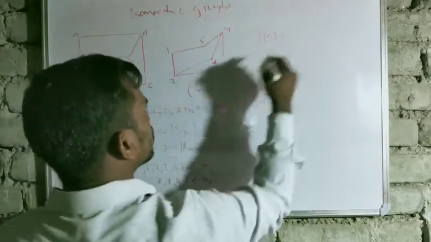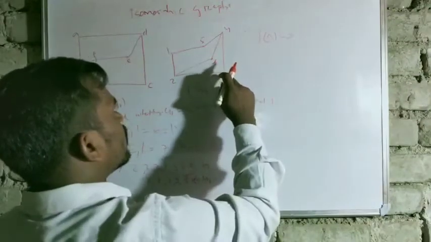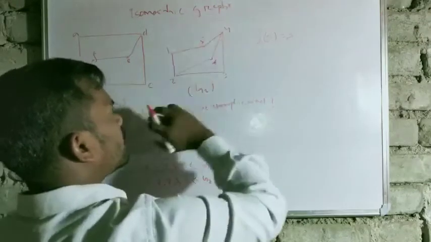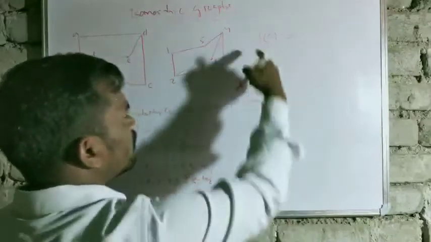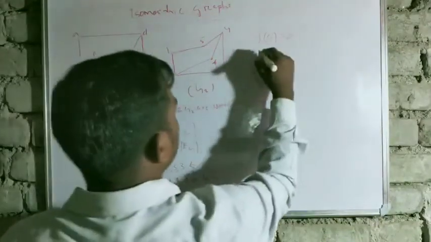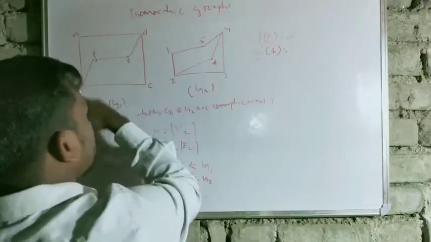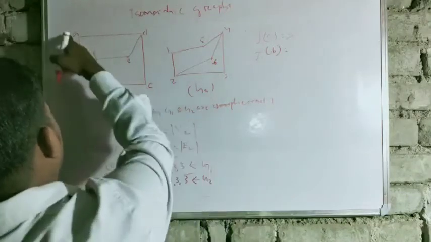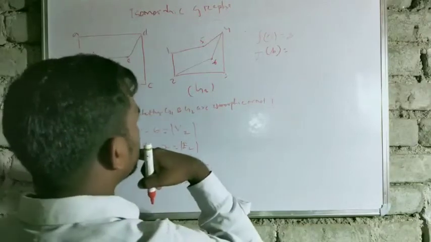Now if you consider 3, its adjacent vertex, this one and another is this one, both are of degree 3. So we can take it as 3. Okay, so f of A is equal to 3. Then f of B: B is of degree 3 and it is adjacent to A, which is of degree 2, and it is adjacent to C, which is of degree 2.